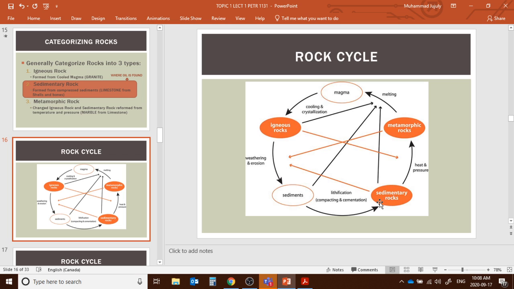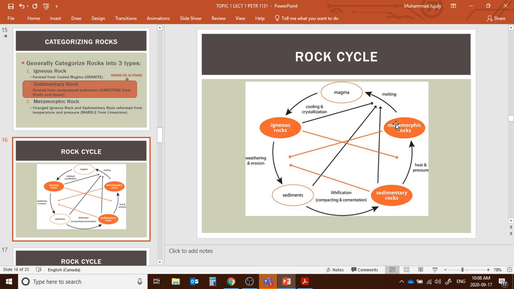Now this sedimentary rock can also undergo weathering or erosion and create sediments, and after the lithification process it can become sedimentary rock again, or it can directly melt and create magma, right?